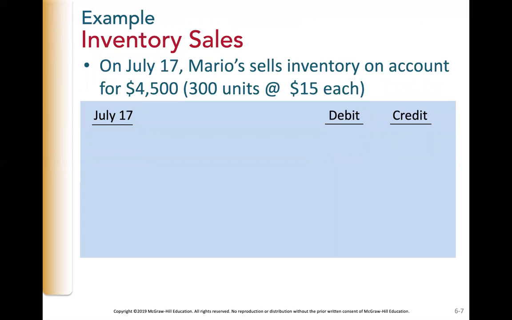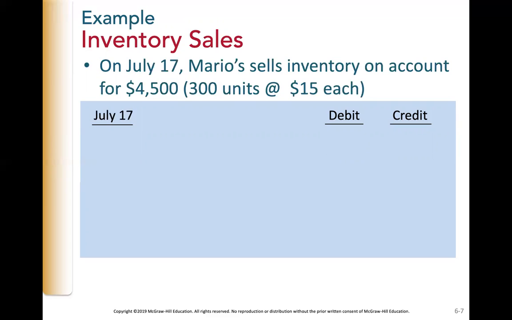That is how you record the purchase of inventory on account. Now, on July 17th, Mario sold inventory on account for $4,500. In order to record this transaction, we need to record 2 entries. The first entry will record the actual sale of the assets. It will record an increase to an asset account and an increase to a revenue account. So let's look at it. He sold the inventory on account.